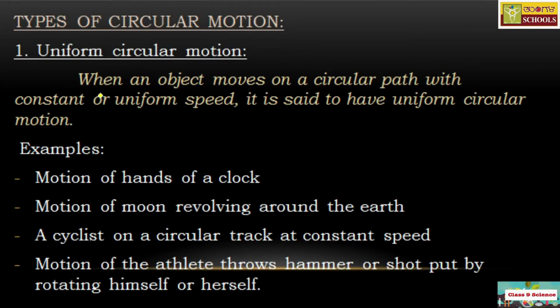When an object moves on a circular path with constant or uniform speed, if the object maintains constant speed while on the circular path, such motion is known as uniform circular motion.